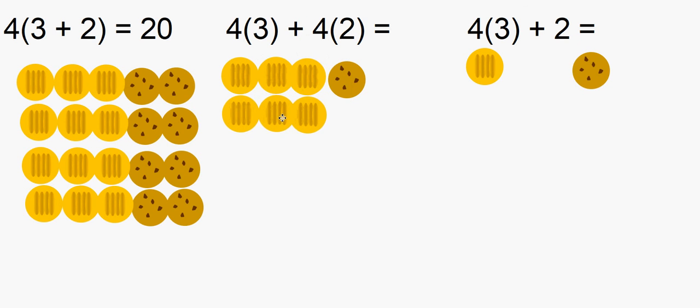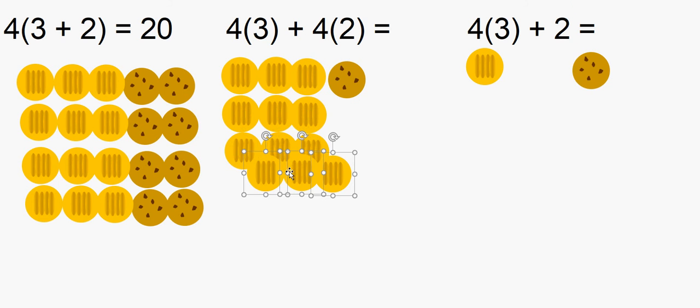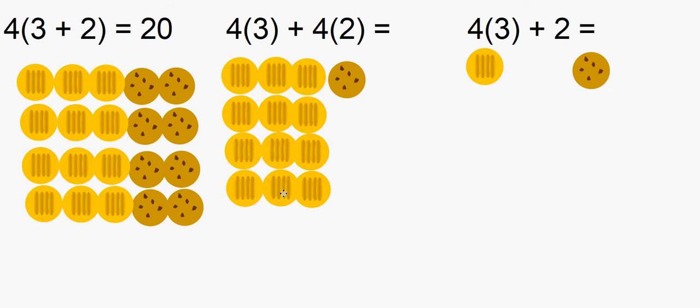And I need 3 cookies 4 times, or 4 times 3. And then I do 4 times 2, so I need 2 cookies. Four times.